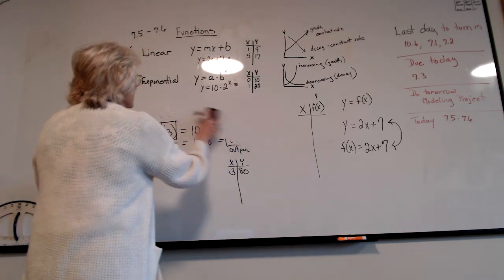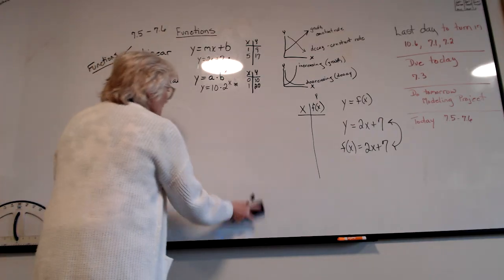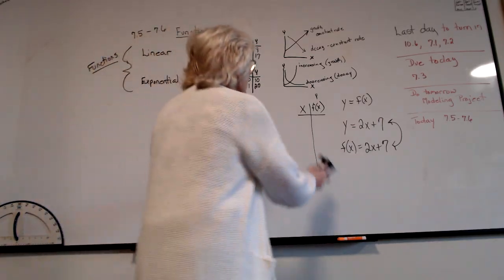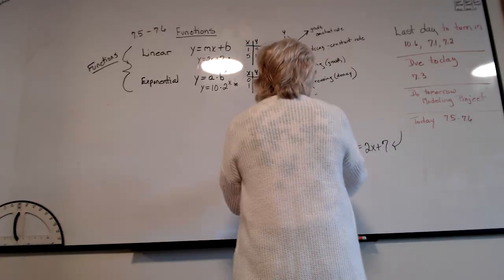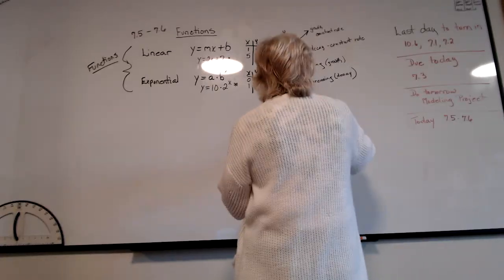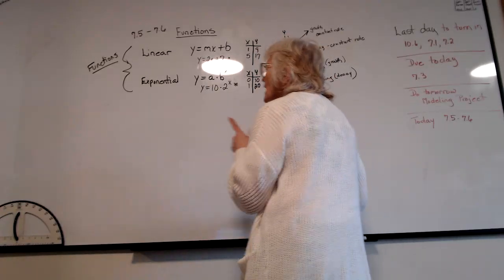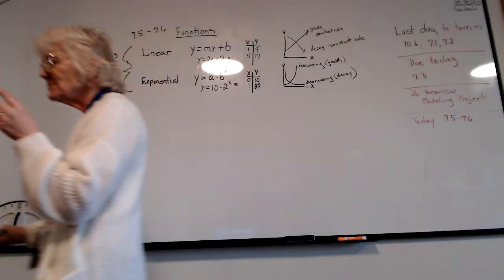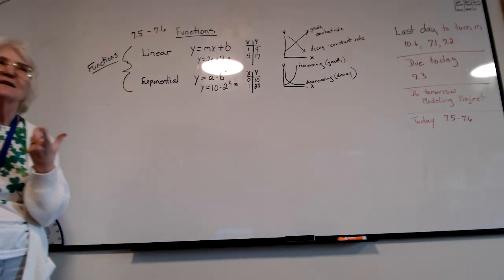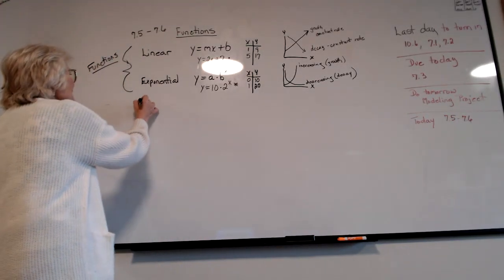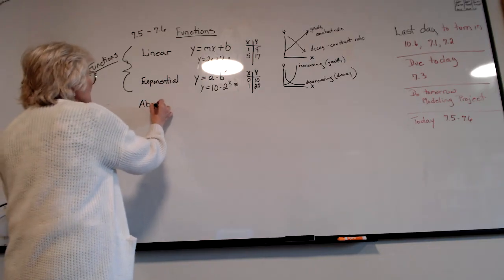Now, domain and range. When you are looking at functions, we have actually looked at one other function, but we don't spend a lot of time on it. I just remembered. It's the absolute value function.